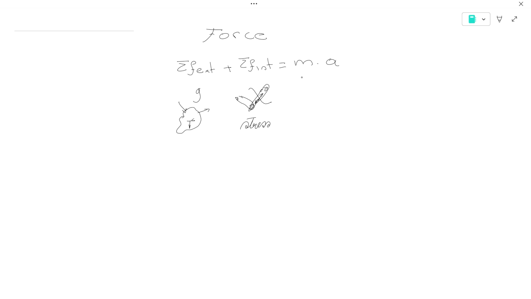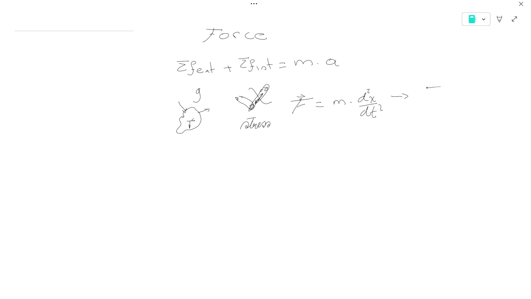Okay, for this equation to be as simple as this, we simply say all the forces, capital F, which is a vector, we know that by now, is equal to the mass of the particle times the acceleration, which is the second derivative with respect to time of the position.